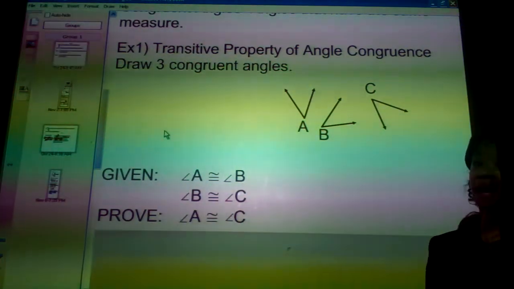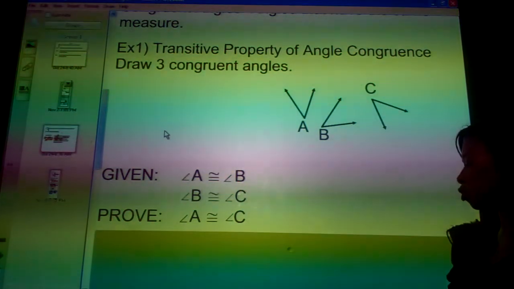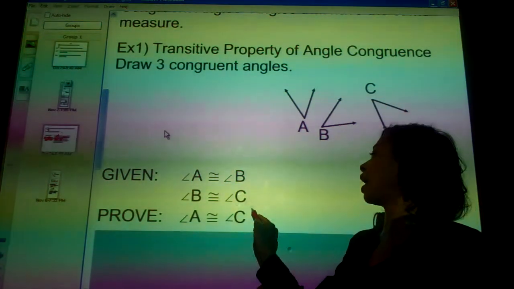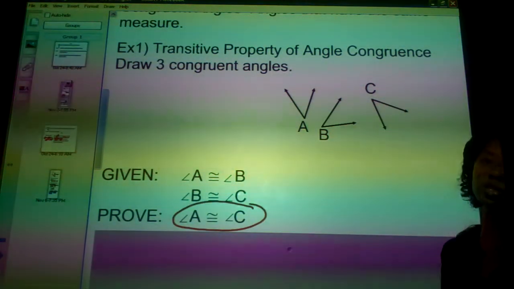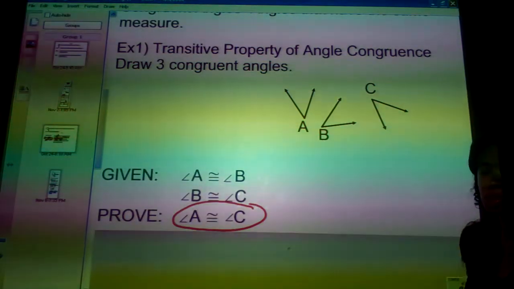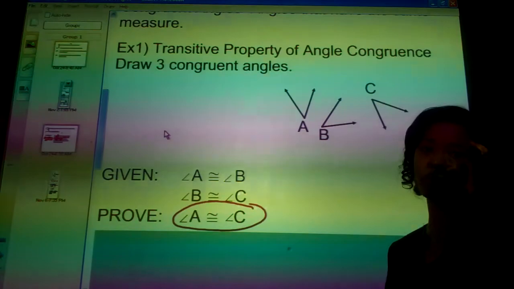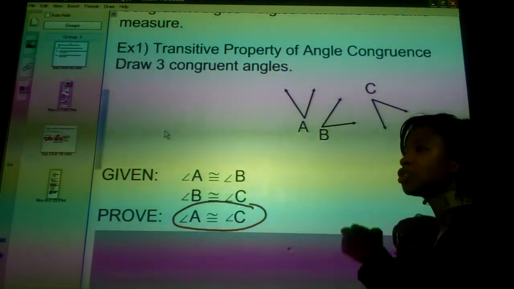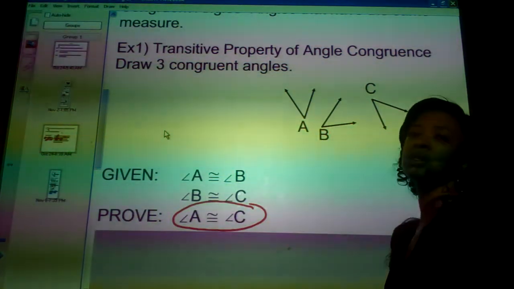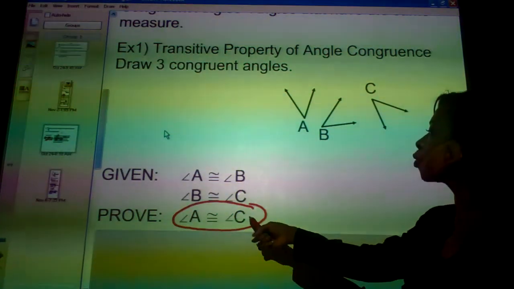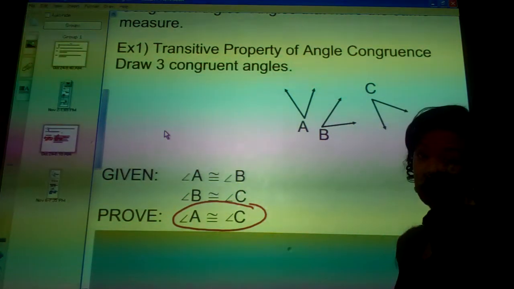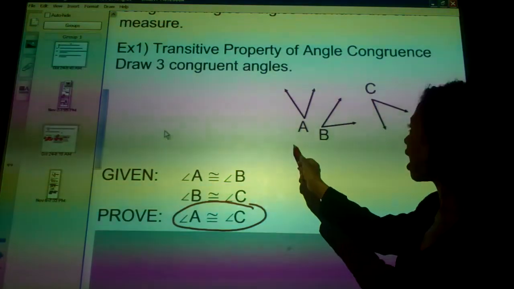Step 2, I need to think about what I need to prove. I need to prove that angle A is congruent also to angle C. That's step 2. I write down what I need to prove. Step 3, I ask, what postulates, definitions, proofs, anything I can think of will prove that A is congruent to C. Well, I go back to the given and look at the diagram.